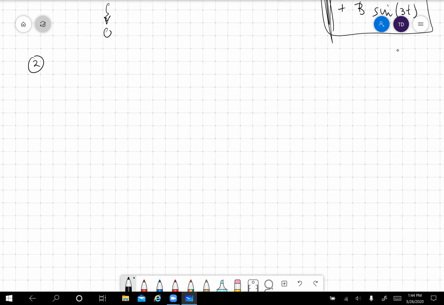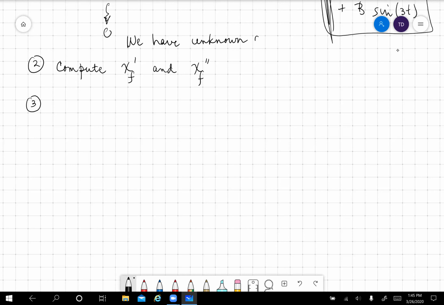Step 2, after the guess, compute xf prime and xf double prime. Compute both of its derivatives. So you take your educated guess and then you plug it in. Keep in mind from step one, we have some unknown constants right now.